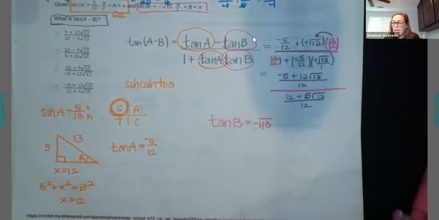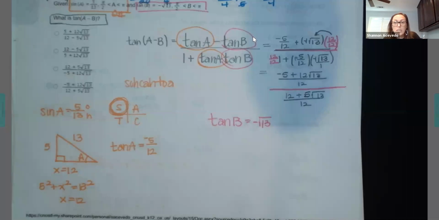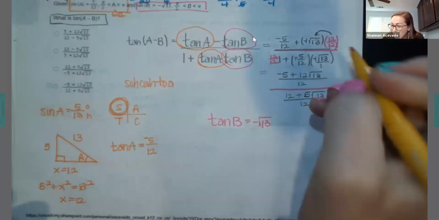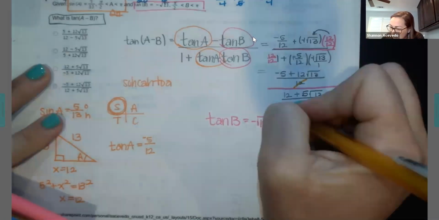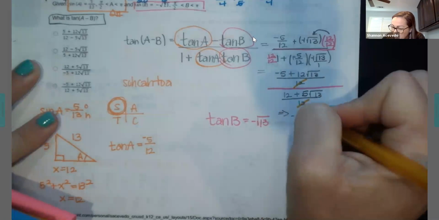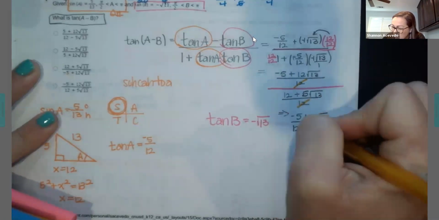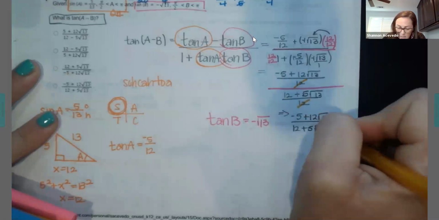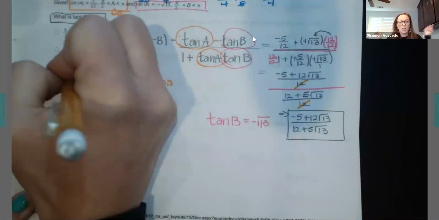What happens when I have a fraction divided by a fraction with a common denominator? They just cancel out. Since these are both 12, I can simplify, and I end up with negative 5 plus 12 square root of 13, all over 12 plus 5 square root of 13. And I'm done, and that's going to be this answer right here.